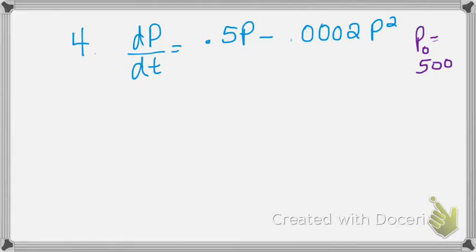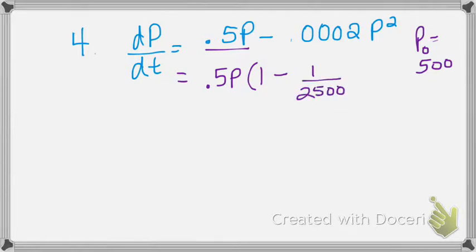Now, before we can continue, though, I need to make this look like the correct equation. I know that it needs to be something times 1 minus something, so I want that to be a 1, so I'm going to factor out the 0.5p. And then I'm going to divide the 0.0002 by 0.5 and change it to a fraction. You get 1 over 2,500.